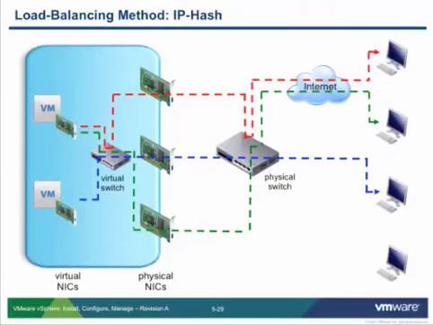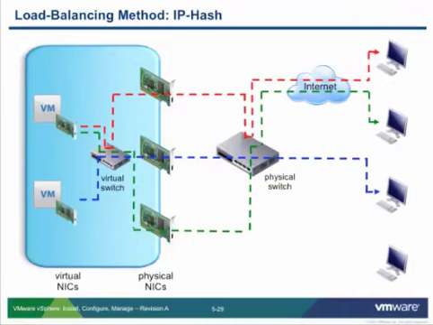And so it takes those multiple links, makes them look like one, and that allows us to do things such as fault tolerance and also increased bandwidth. But again, you have to have that support upstream in the physical switch to actually take advantage of those protocols.